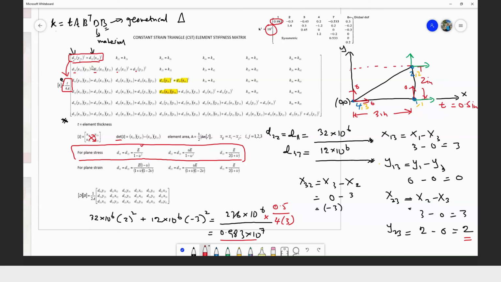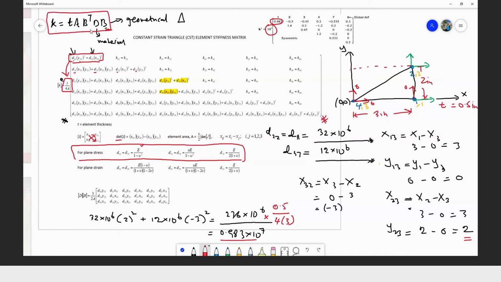So this is the way how we use this document in order to obtain the element stiffness matrix, which is this solution again here. This matrix here is a simplified version of the process here.